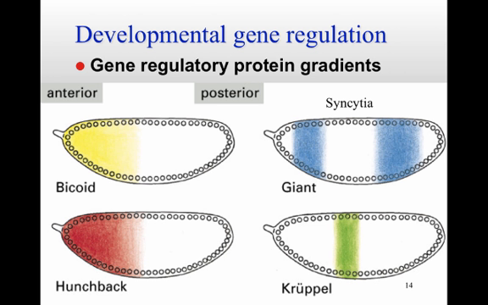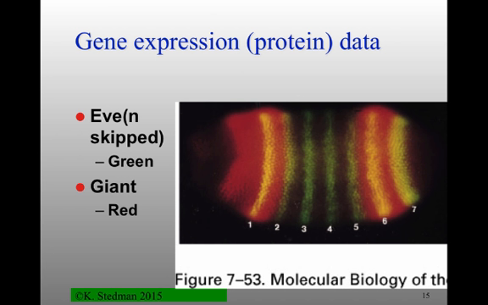Each of these represents a single gene regulatory protein. So these gene regulatory proteins lead to the expression of a whole set of different genes. But we're going to look just at one, and this is called the EVE gene, or even-skipped gene. Here, the even-skipped gene is shown in various different stripes in the embryo.